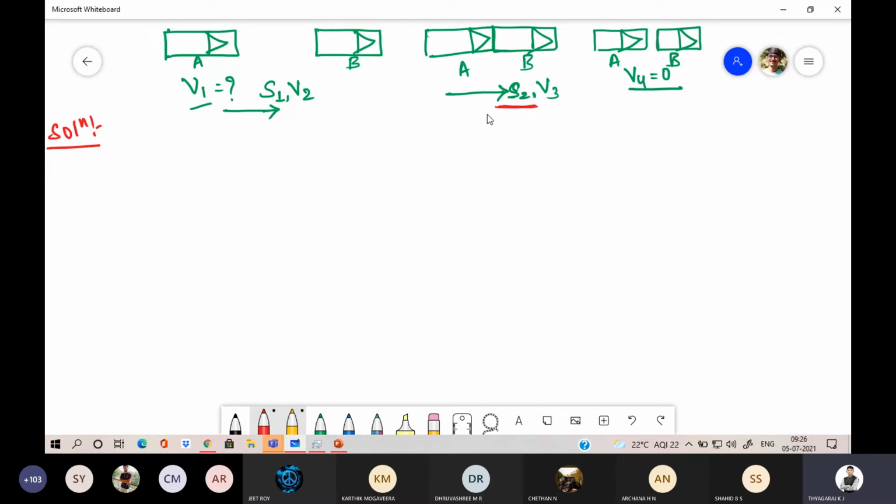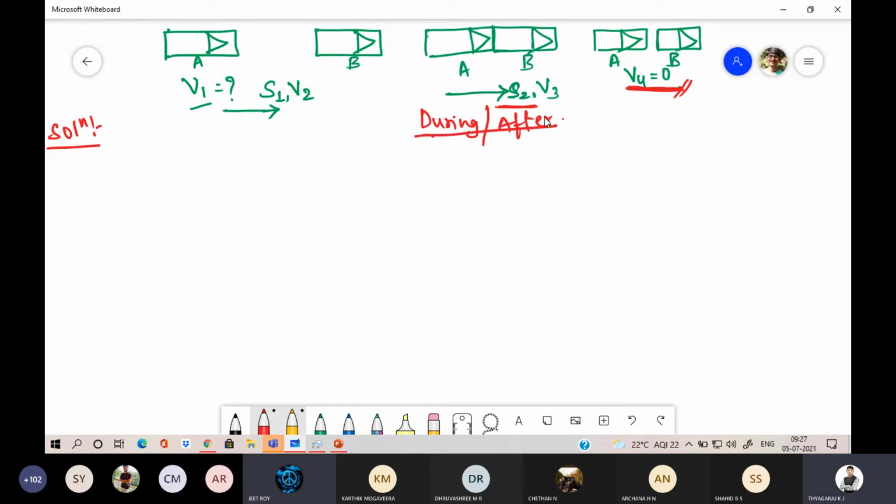During or after collision we can consider, but at last the vehicle is going to come to rest. We can consider here two parts: one is during collision and one is after collision.